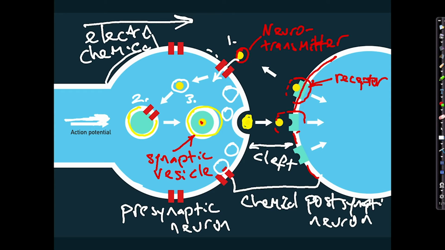And then maybe you will get another action potential in the postsynaptic neurons. It becomes again electrochemical. So neurons generate electrochemical information in the form of the action potential that is transmitted chemically across the synapse using these neurotransmitters.